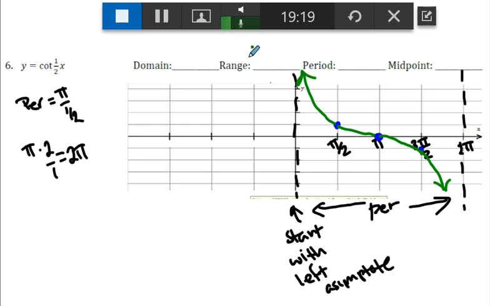All right, my range has not changed. I already calculated the period, and I can see the midpoint right here. Did anybody already figure out the domain? I have 1 at 0, and what's the distance between the asymptotes? 2 pi.